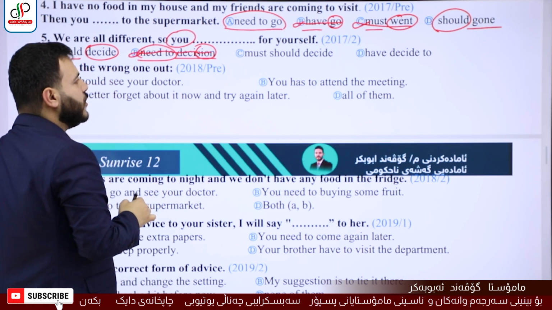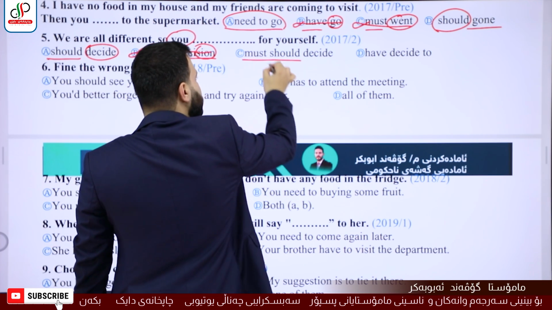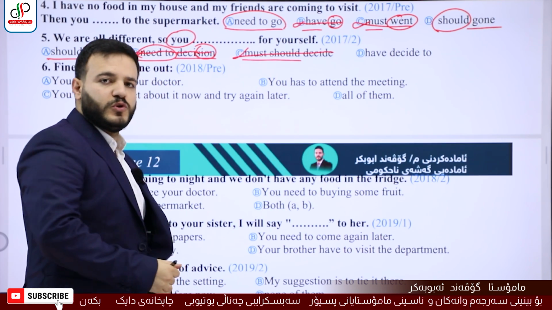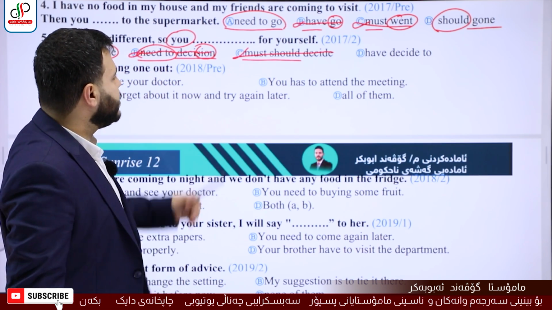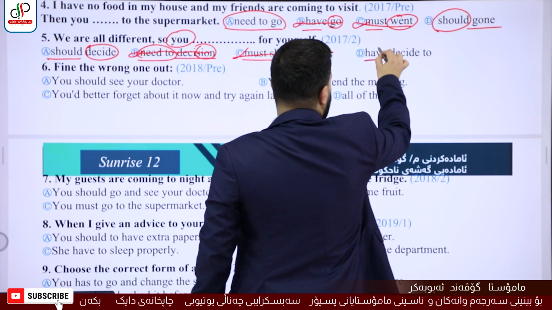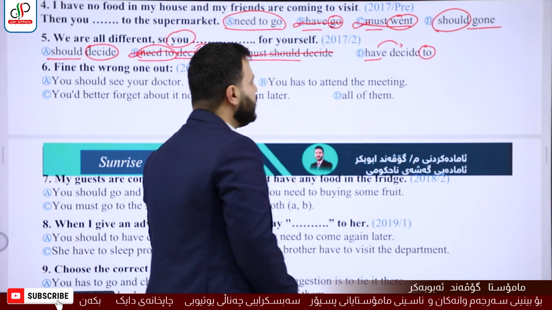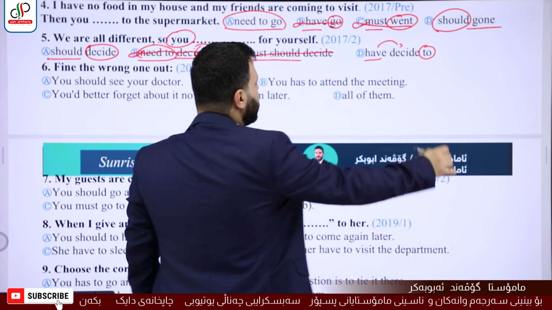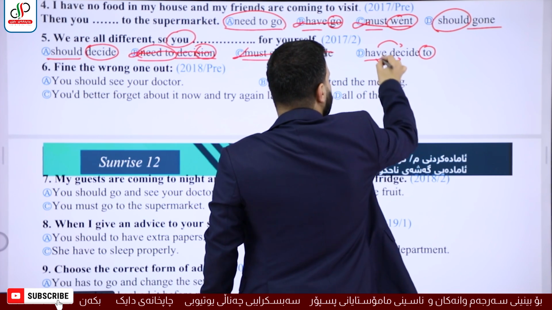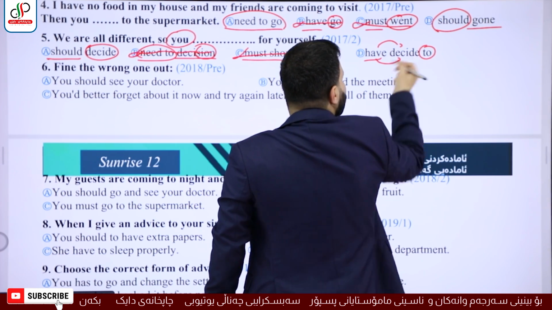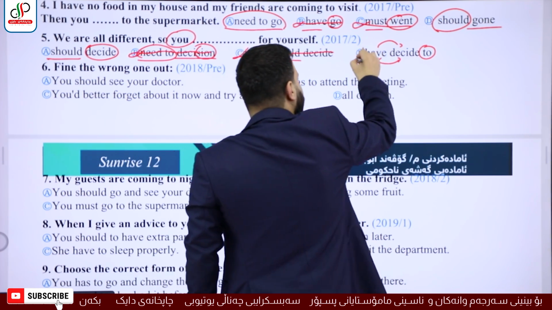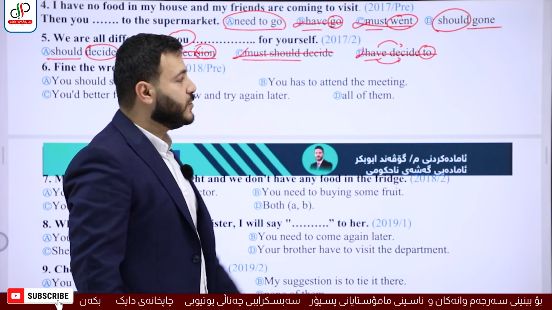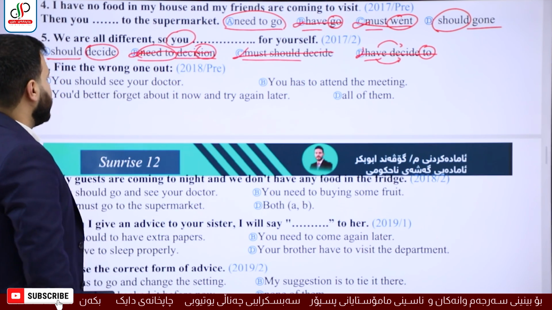That's why B is wrong. We don't use must with should here. We cannot use two modals after each other. And here it's have decided to. It's really complex. And have decided is wrong because we have to write down decided, not have plus base, and then we have to.